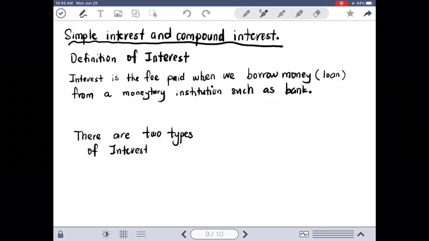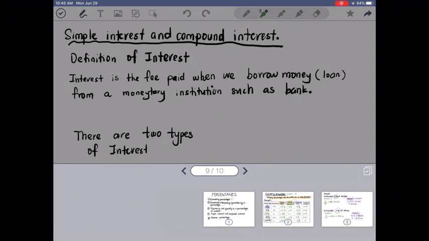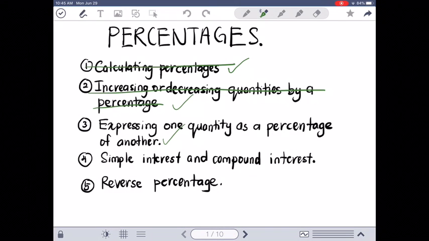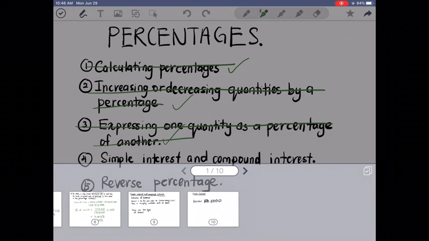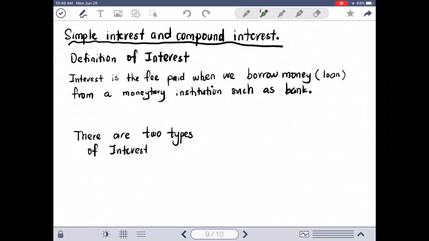Alright, the next subtopic is simple interest and compound interest. So we have done basically up to the third one. Now we are at simple interest and compound interest. Okay, so what is interest? Most of you have probably heard the word faedah.